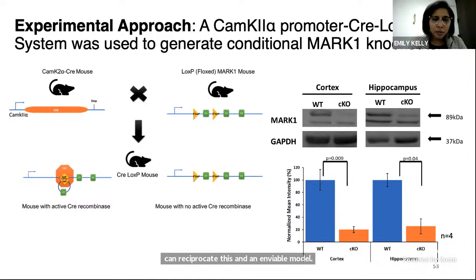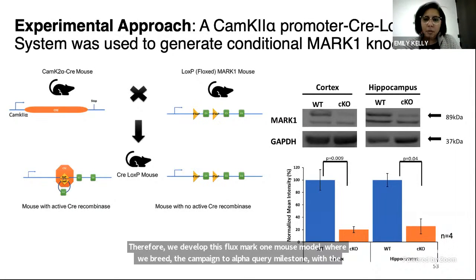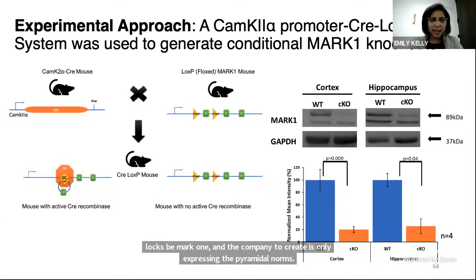CAMK2 Cre is only expressed in pyramidal neurons, which means that it's only going to be knocked down in the cortex and hippocampal neurons. Here we validated that the PAR1 protein is being knocked down in both cortical and hippocampal neurons.